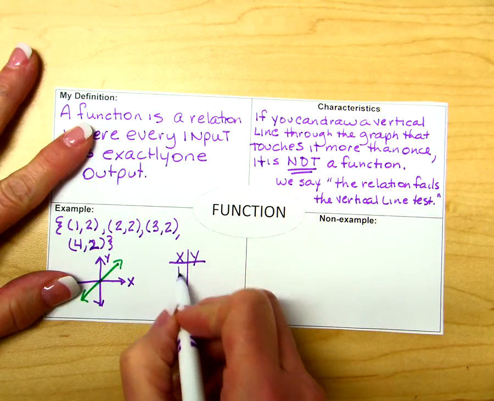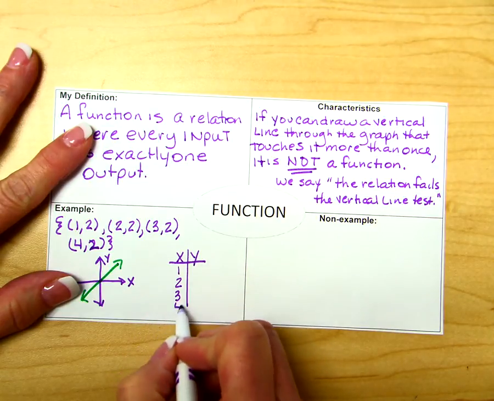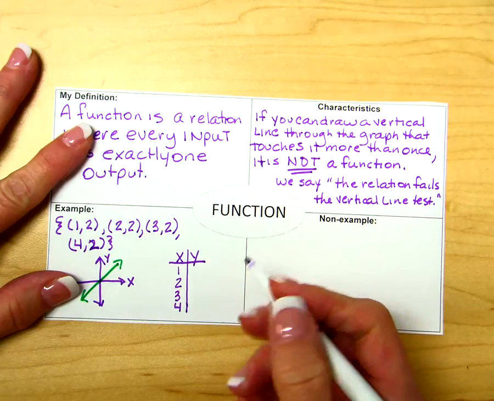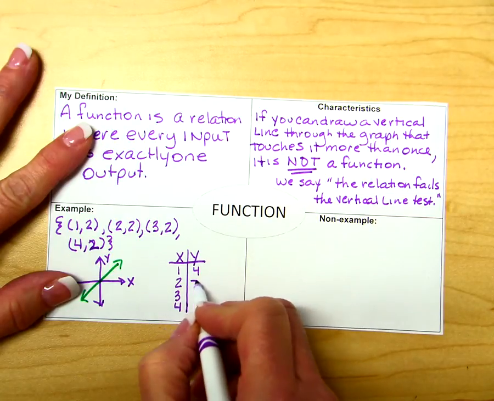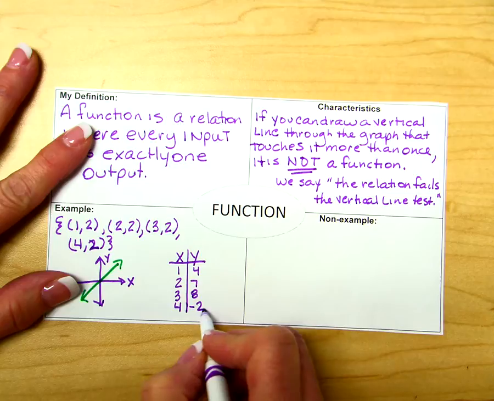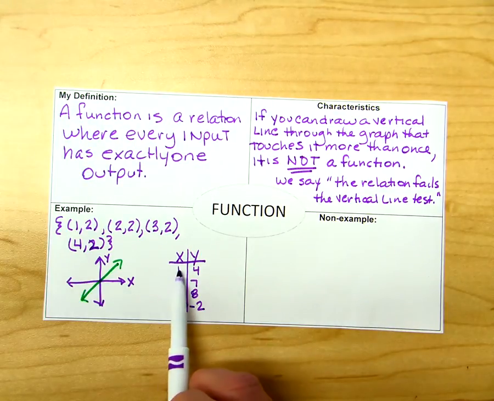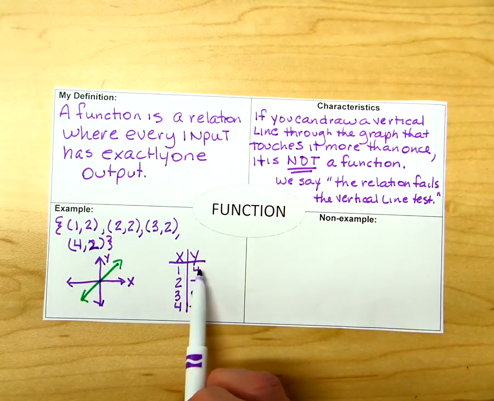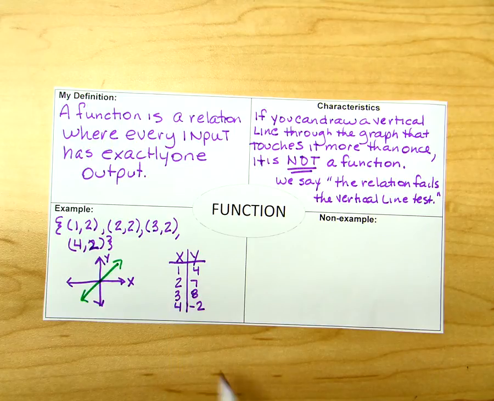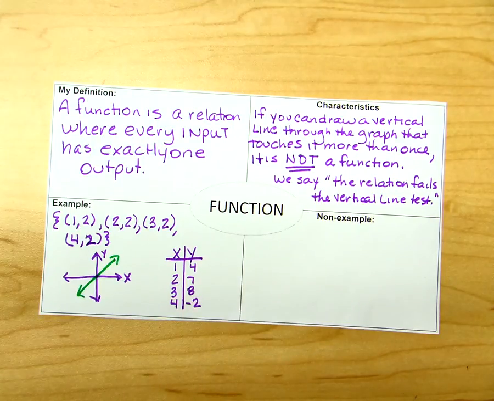And we could do 1, 2, 3, 4 for our domain values, and 4, 7, 8, negative 2 for our range values. Every x or input has one output. No x value repeats, and it's identified over to just one range value.